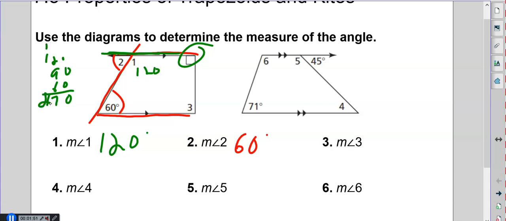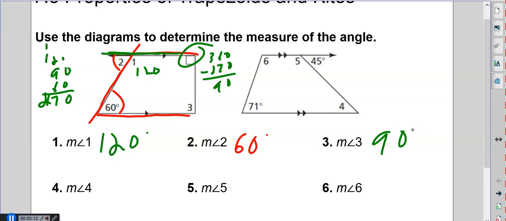So we've used up 270 out of 360 because, again, it's a quadrilateral, and all quadrilaterals, no matter what their shape, have 360 degrees in them. So 360 minus 270 is 90. So angle 3 is 90 degrees.